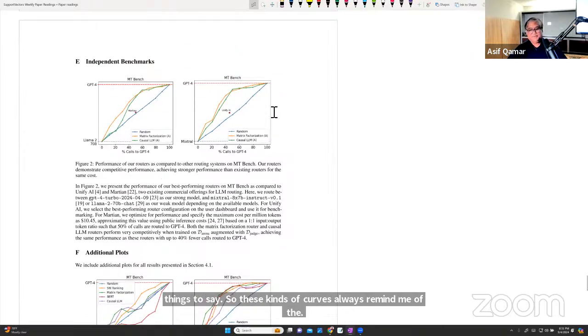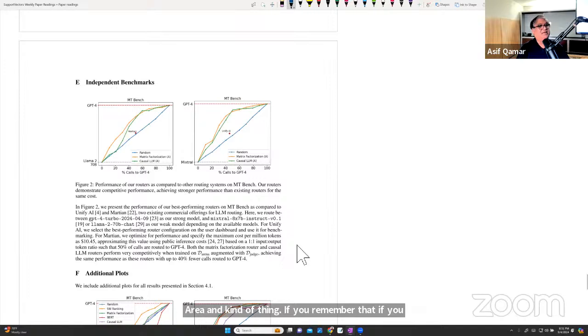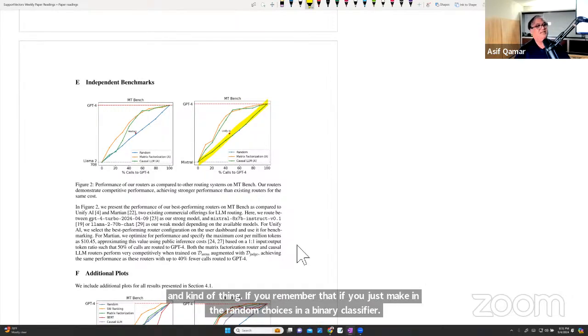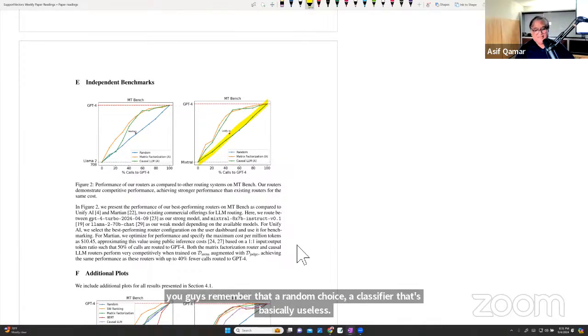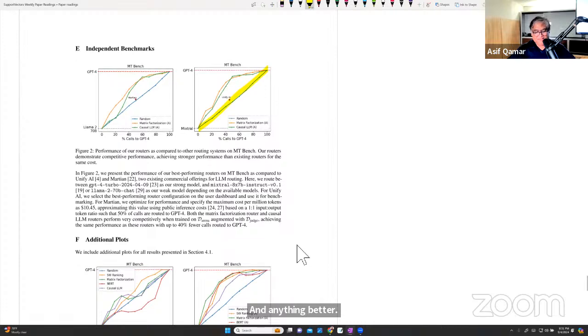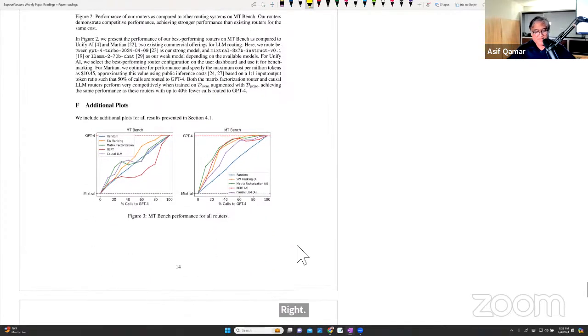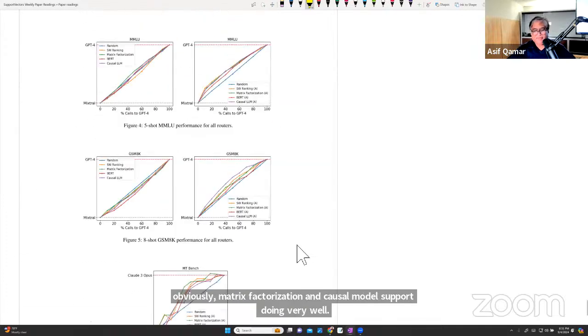If you remember, if you just make random choices in a binary classifier, a classifier that's basically useless, it looks like a line like this, right? And anything better should be a line above it, right? So obviously matrix factorization and causal models are both doing very well. And they go on to show many such results.